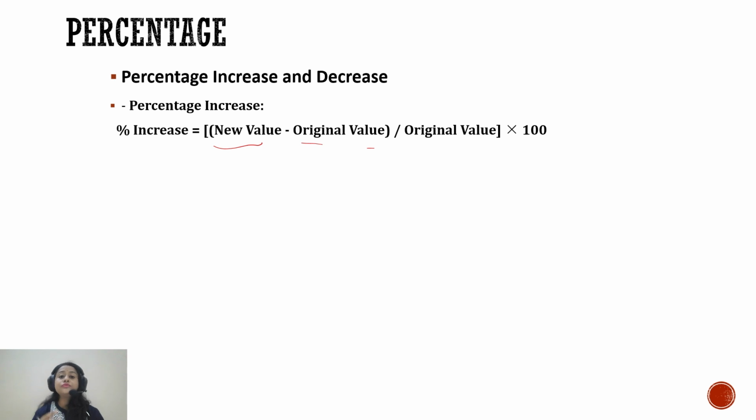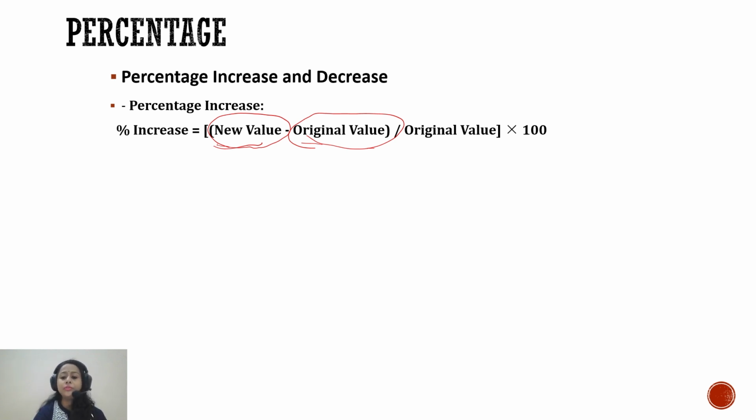There will always be two values, the initial value and the new value. Suppose the initial price was 80, now the price increased to 90. The initial price is the original value, and the increased value, 90, is the new value. So the formula is new value minus original value, by original value, into 100.